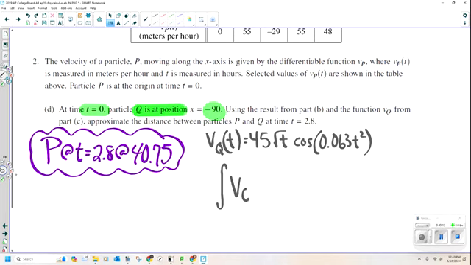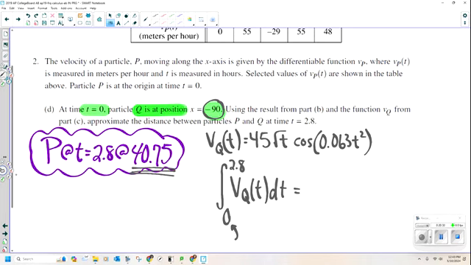So I integrate v_Q of t dt from 0 to 2.8. But let's not forget, this didn't start at position 0. This was at position -90.